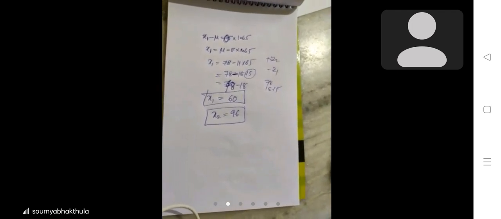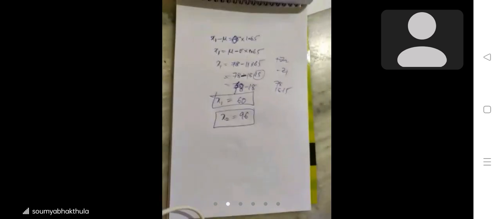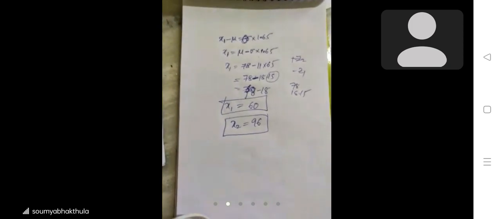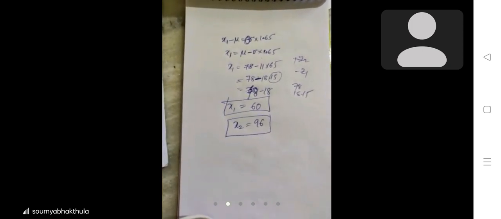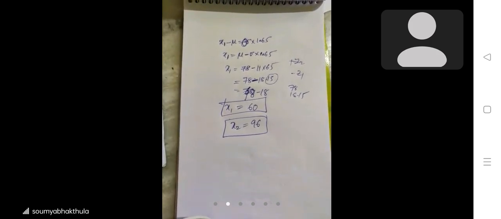Did you understand? Remaining ones, who is that? Krishna. Hey Krishna, are you there? We are there, madam. Madam, if you didn't respond, I will consider you as absent, okay?